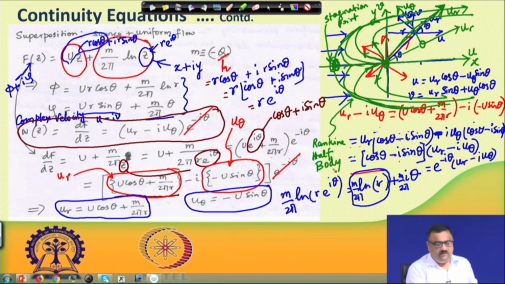So, with this u r and u theta, our aim would be to locate this stagnation point, how far it would be on the left from the origin, and what would be the equation for this envelope. These are still in general terms, but let us target this and find out the equation for this envelope.